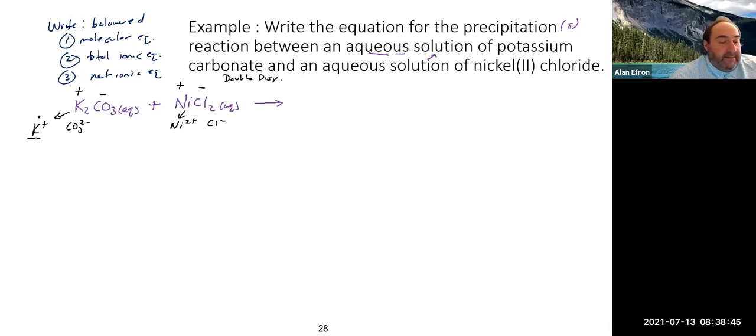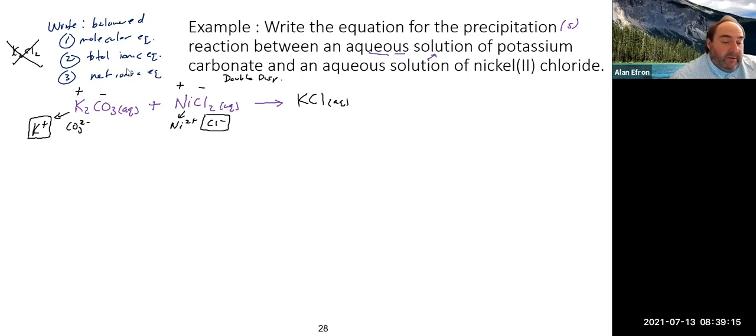Now I have the basic things that make these up. So I know that my potassium is going to hook up with my chloride, and that should give me the proper formula of KCl, not what a lot of people would write at this point, K2Cl2, because of all those twos. That would be incorrect. So you want to come back to the basics and put them together correctly. I also know that that is going to be aqueous.